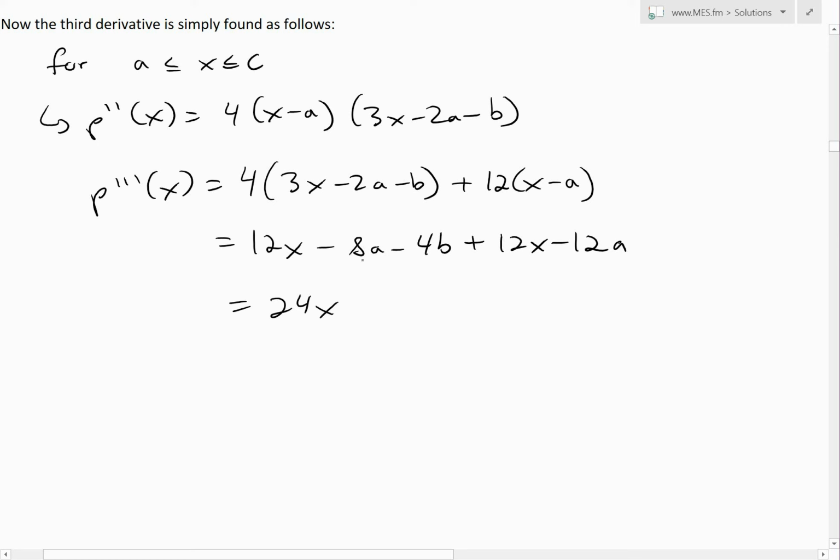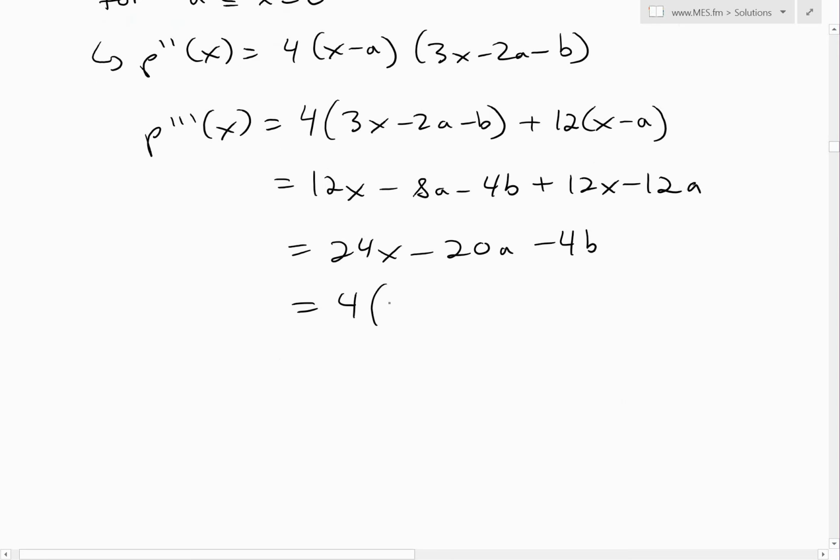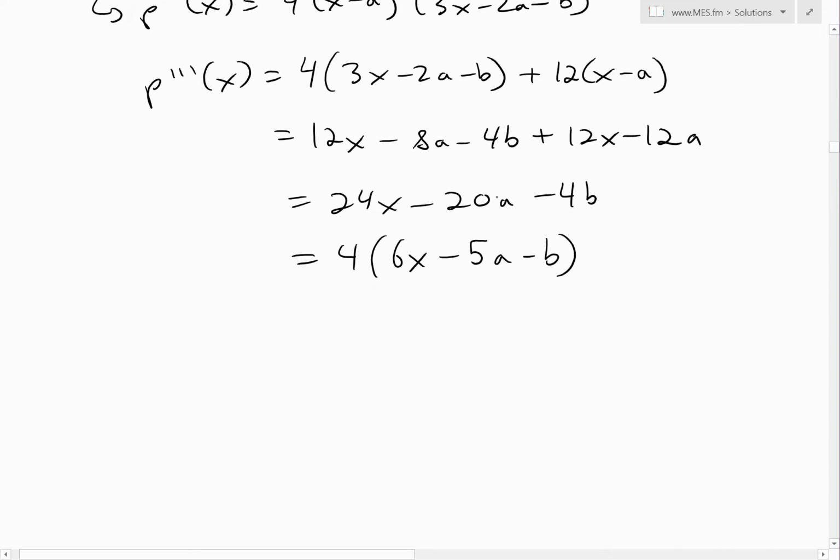This is negative 8a minus 12a, that's 20a. And then we have a 4b. And then we could take the 4 out. This just becomes 6x minus 5a, and then minus b. Like that. So that is the third derivative.